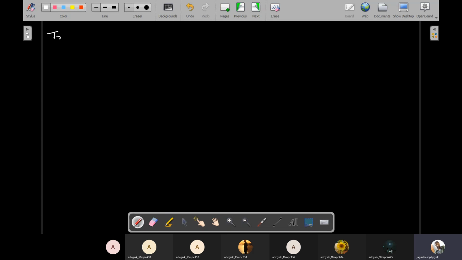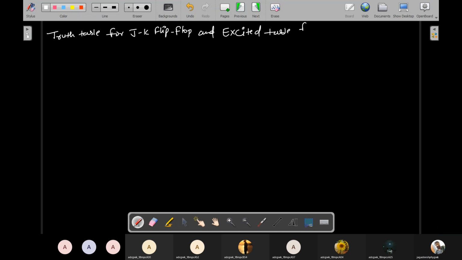First of all I write the truth table for the JK flip-flop, as well as the excitation table for the RS flip-flop.